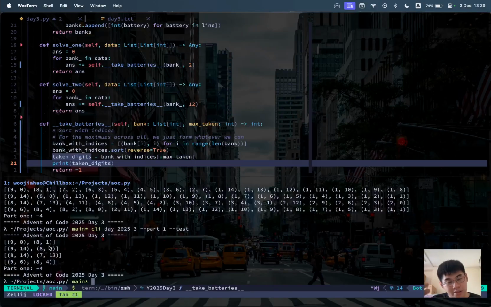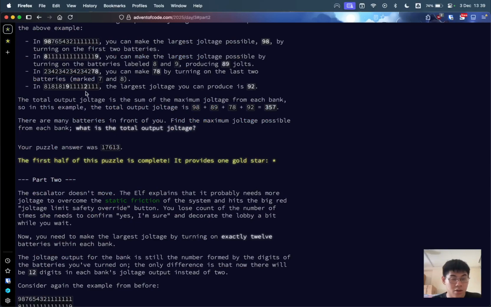Yeah, so I guess this is the corner case here, where picking the largest digit doesn't always guarantee that we could find the best possible answer. In this case we picked 8 and 9, but 89 is definitely less than 92.